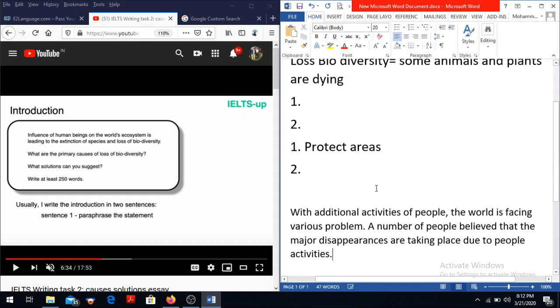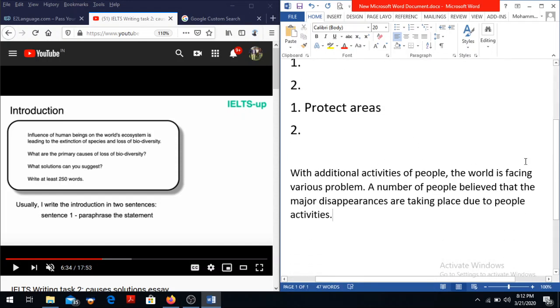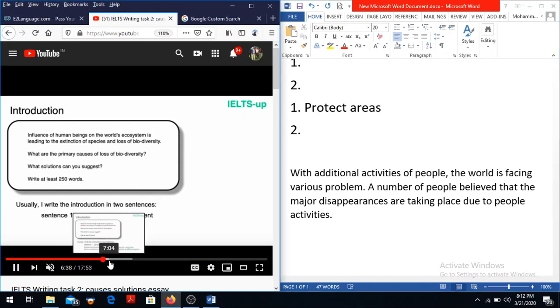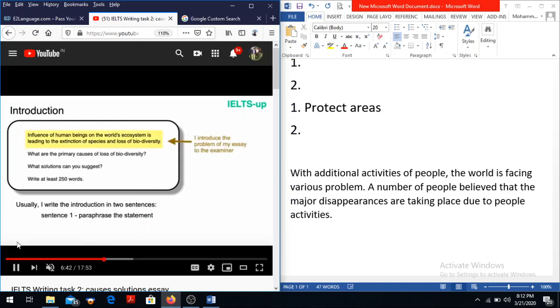So here I just tried to give one, so let's see what is written here. They say the problem of this, write the introduction with two sentences. So paraphrase the statement.